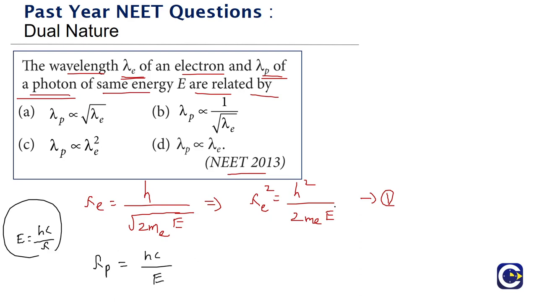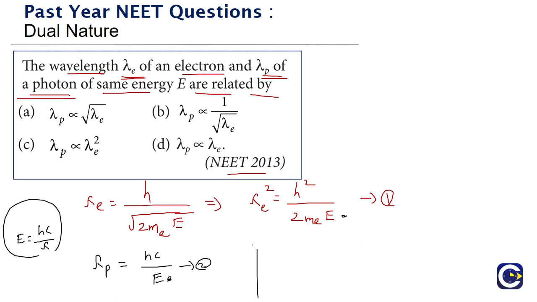Let's call it equation 2. From both these expressions, we have to comment on the relation between lambda for the photon and lambda for the electron. In this entire thing, we try to relate the E term.